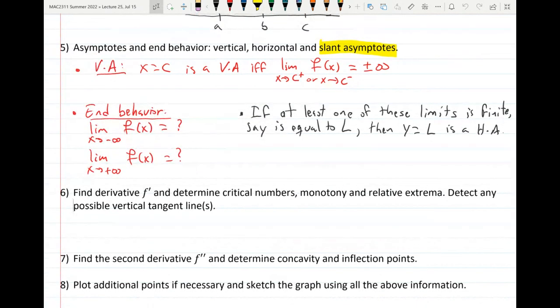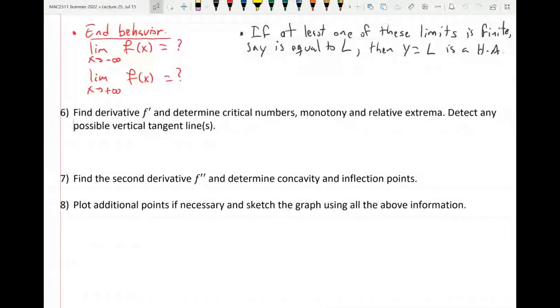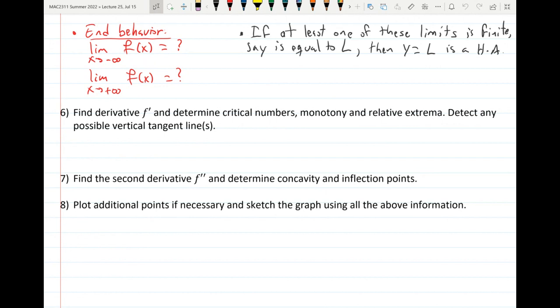All right, so we know the asymptotes, we know the end behavior. Now we keep doing more calculus. This time the derivative enters. We find the first derivative because we want to know the critical numbers, since those are our candidates for relative extrema.